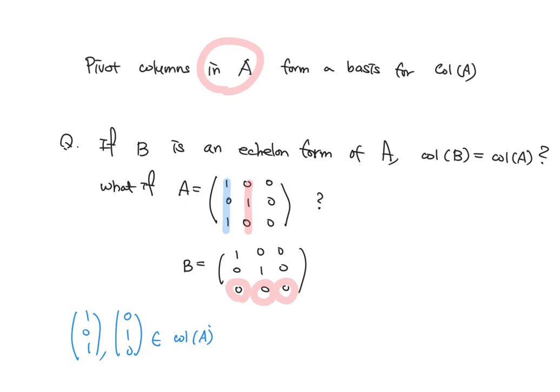So if you play with the columns in the B matrix, the third entry of the resulting vector will always be 0. But the first column in A has a non-zero entry in the third place. So that means this 1, 0, 1 vector is included in the column space of A, but it is not included in the column space of the B matrix.